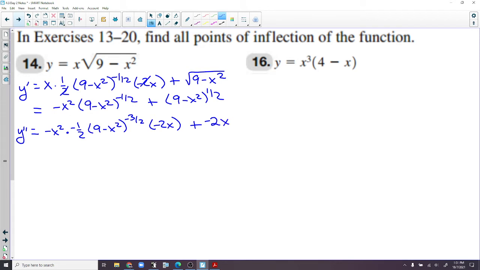So negative 2x, second times the derivative of the first. So I just have to write this again. But then we haven't taken the derivative of that yet either. So 1/2, 9 minus x squared to the negative 1/2 times negative 2x. Woo, Nelly.